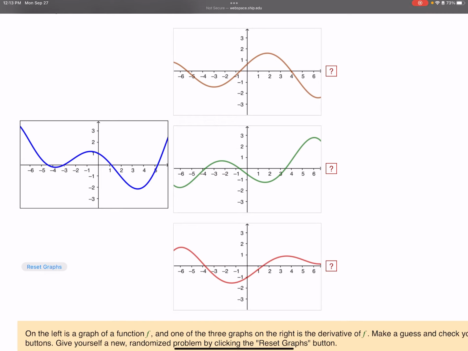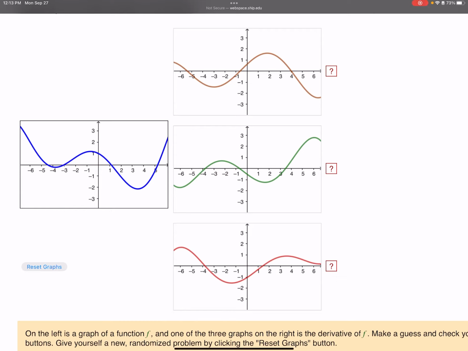I see a lot of 2s. If we look at this one, I'm going to provide the reasoning for the first one. I'm looking for max and min. You can see right here at -4 is a minimum value. So that's where I'm going to expect an x-intercept to be. That allows me to eliminate 1 right away, because this is a minimum and you can see there's no x-intercept there.